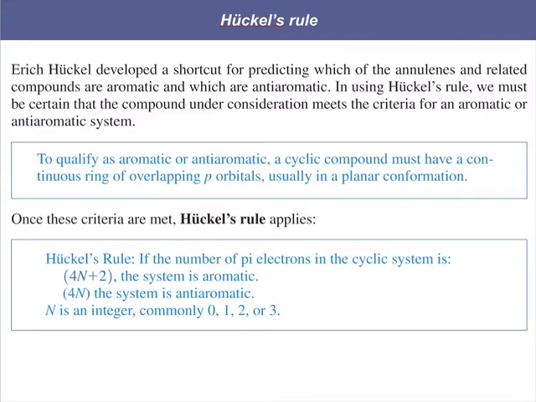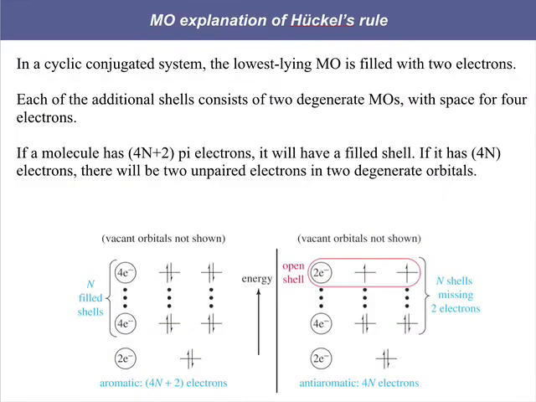If you think about why Huckel's rule works, you can look at this diagram. Here we have an energy diagram where we have the one low energy orbital, and then we have these degenerate orbitals as far up as we go, and then eventually we're going to have one orbital at the very top.